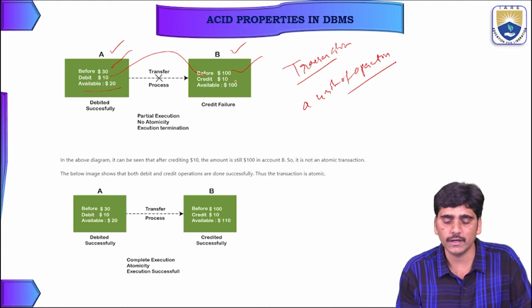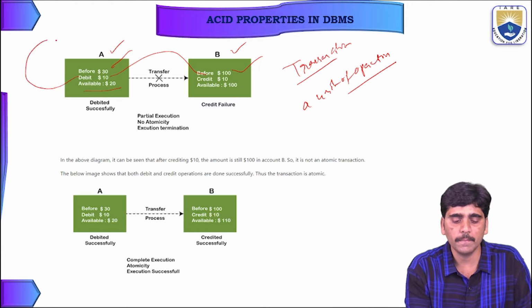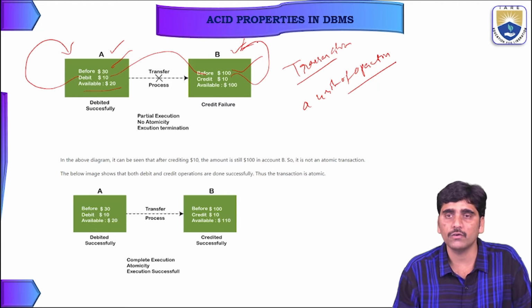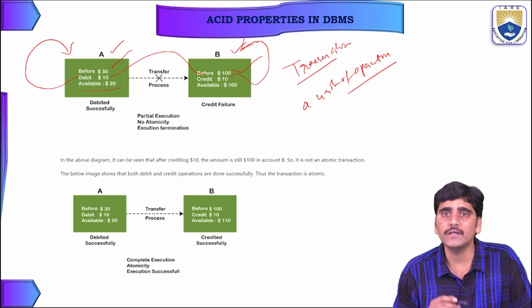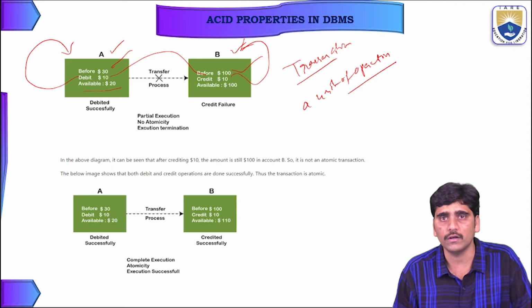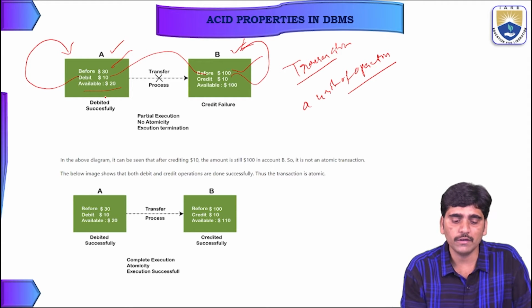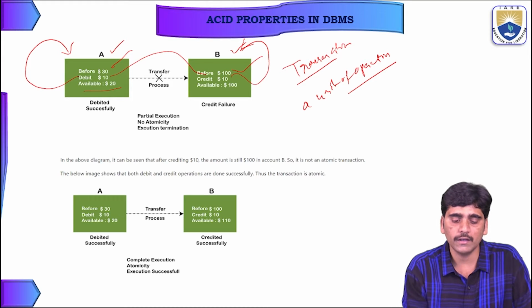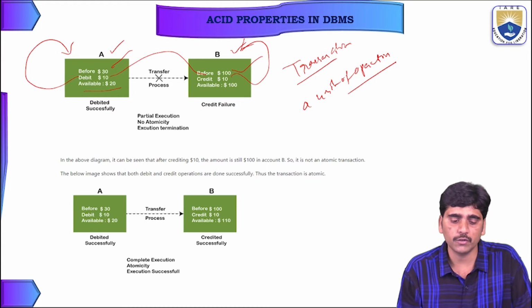Debit from the A account holder and credit to the B account holder. A wants to debit 10 rupees and B is to be credited 10 rupees from the A account holder.